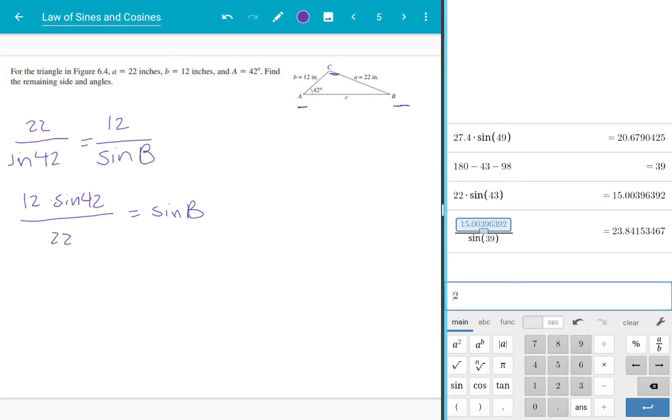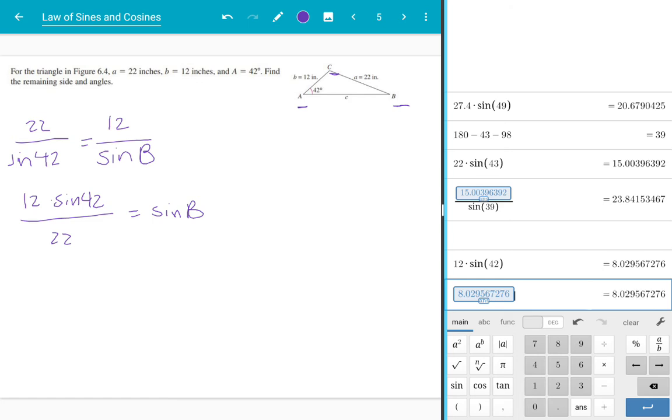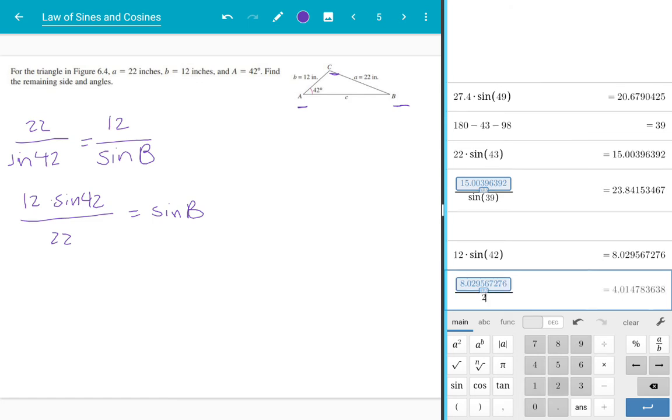So we have 12 times the sine of 42, close parentheses. You're going to get 8.029, and so on. We're going to take that answer and divide that by 22.